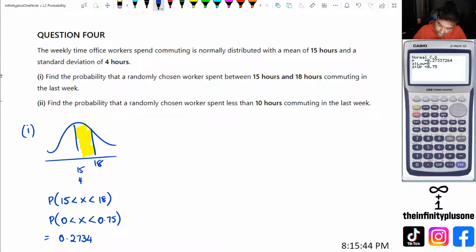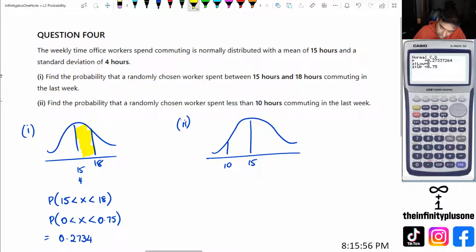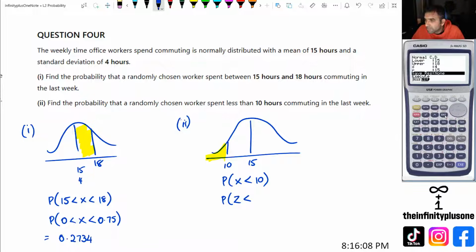And then looking at part 2. So part 2, we're looking for less than 10 hours. So if it's less than 10 hours, we've got 15 here, 10 is going to be here, and less than 10 hours is somewhere here. So we got probability of x less than 10, and let's just go and work it out.